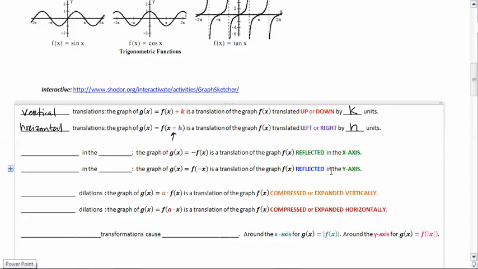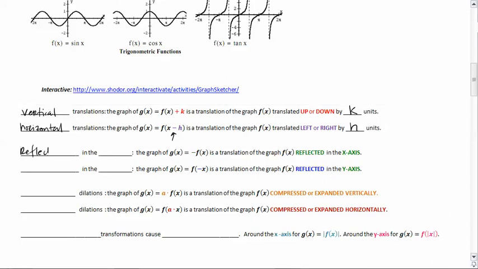All right. Next we can have a reflection in the x-axis. That means the graph of g of x is equal to negative f of x. That means we have a translation of the graph of f of x reflected in the x-axis.